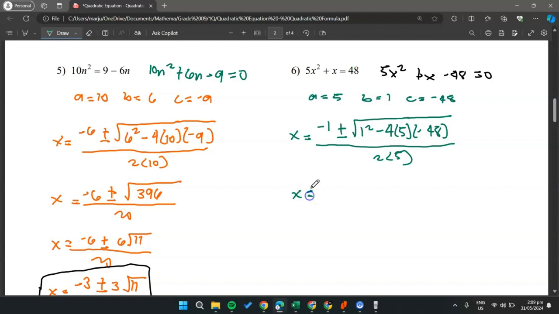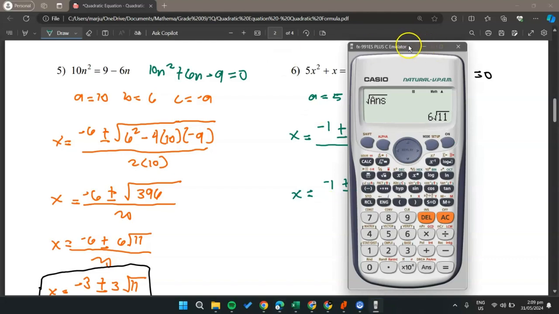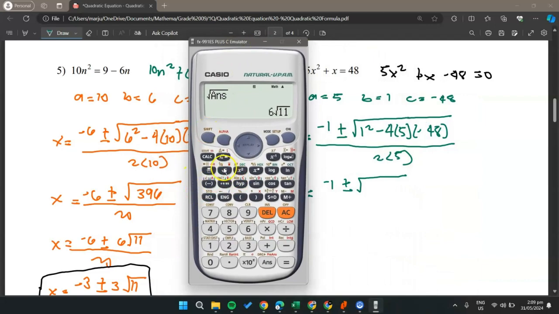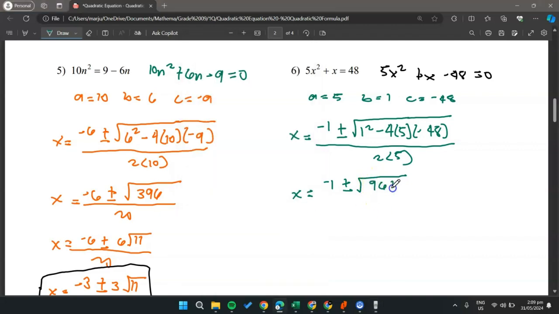So we have x is equal to negative 1 plus minus the square root of 1 squared minus 4 times 5 times negative 48. That will give us 961, so we will get 961 divided by 10.